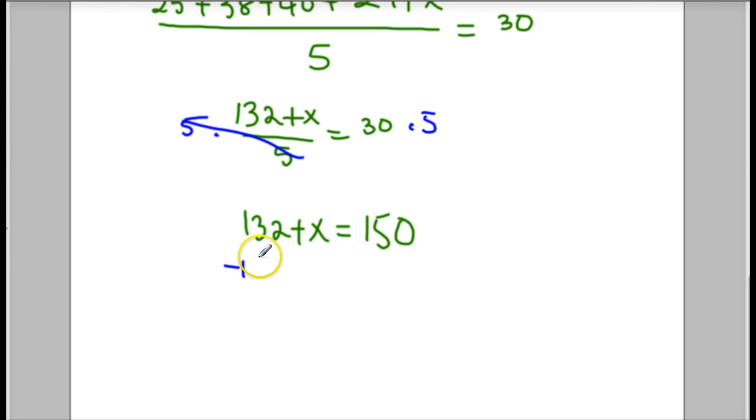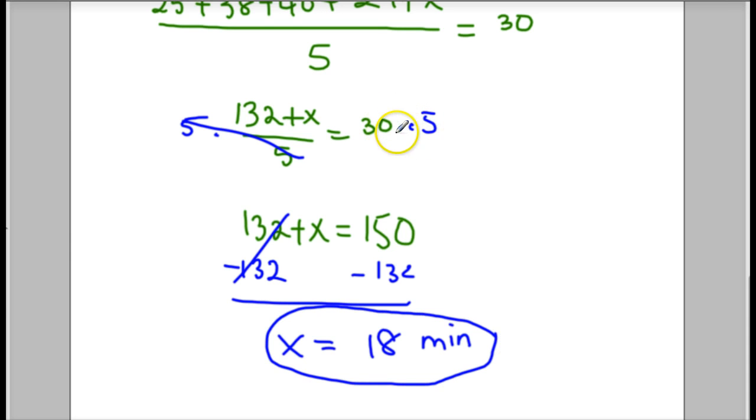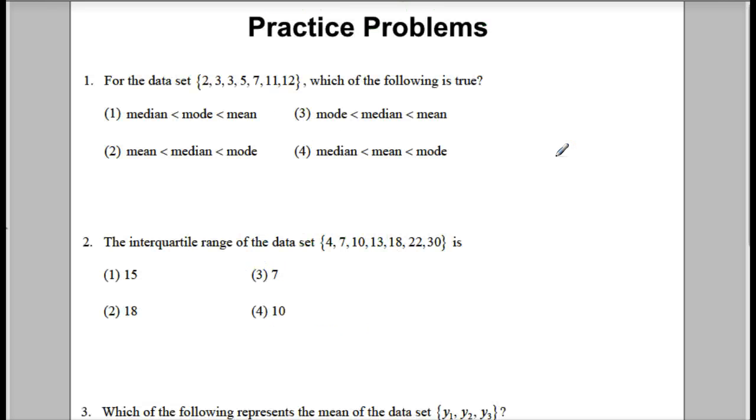So I subtract 132 on both sides. This is canceled. x would be equal to 18 minutes. Be careful, I forgot the 0. 30 times 5 is 150. And that will be your final answer.